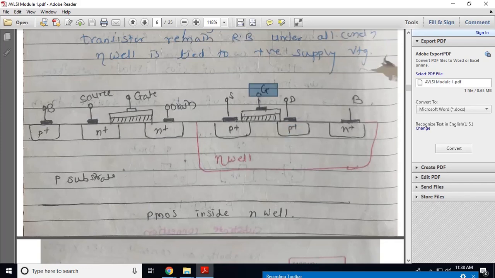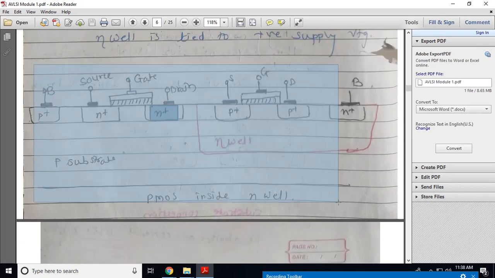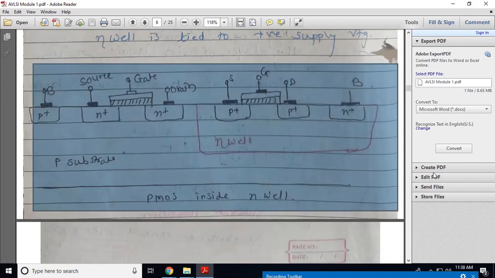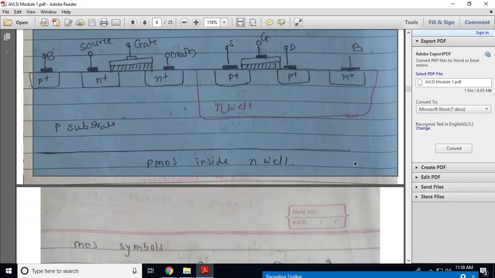The gate is isolated from the channel by a silicon dioxide layer, and this is an NMOS which is fabricated in a P-type substrate. For the NMOS, the source is made up of N-type semiconductor material and the drain is made up of N-type semiconductor material. So this is a diagram of CMOS which is fabricated using NMOS and PMOS.